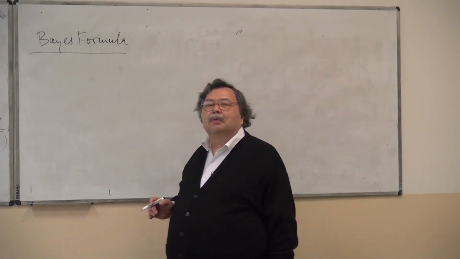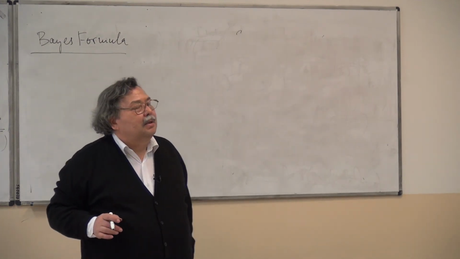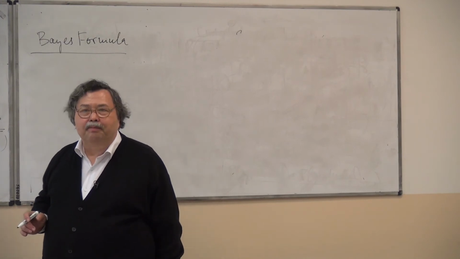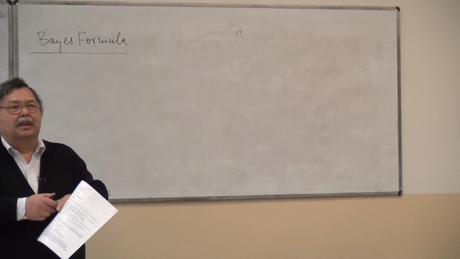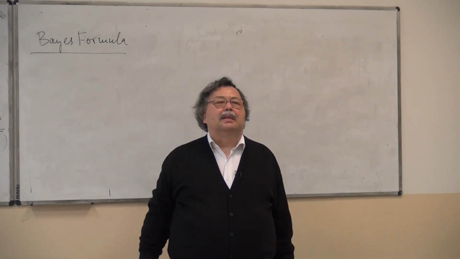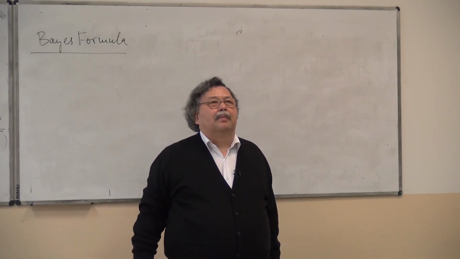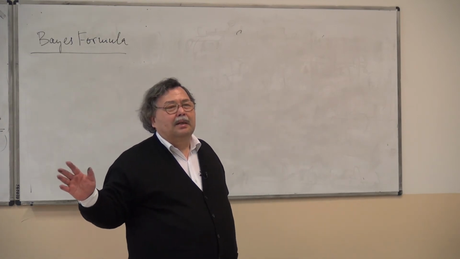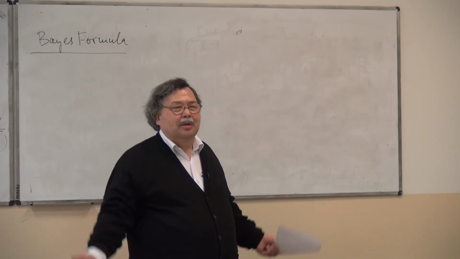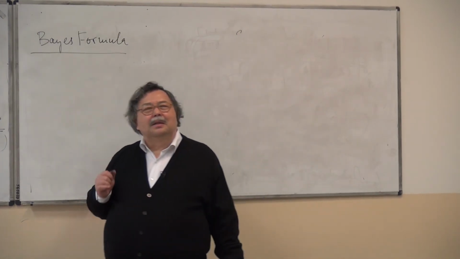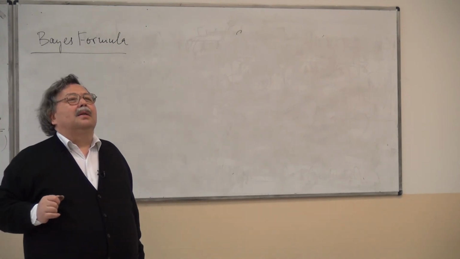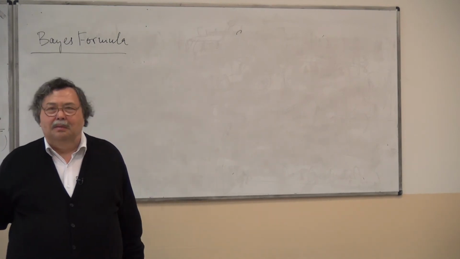Now, actually, it's the name of a certain English mathematician who was also a priest, a clergyman. And it's interesting to know that he studied probabilities as a secondary kind of work for his major work, which was in theology. And he developed this formula that bears his name in the attempt to prove the existence of God, no less.